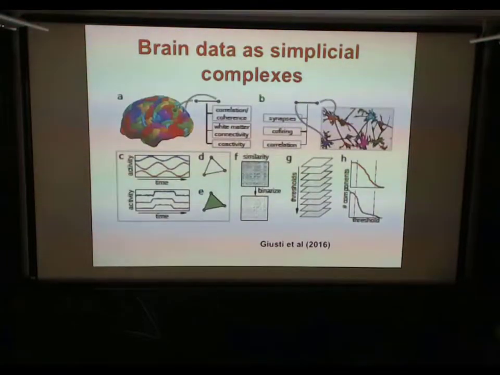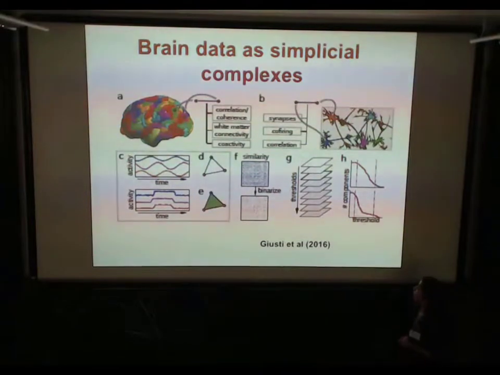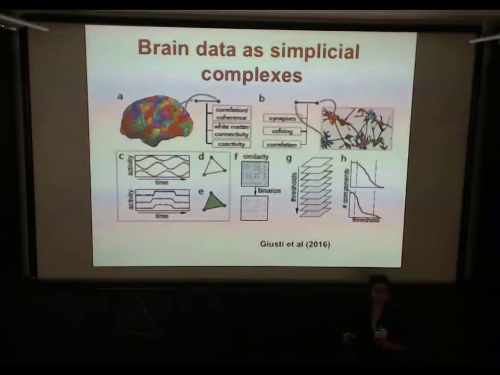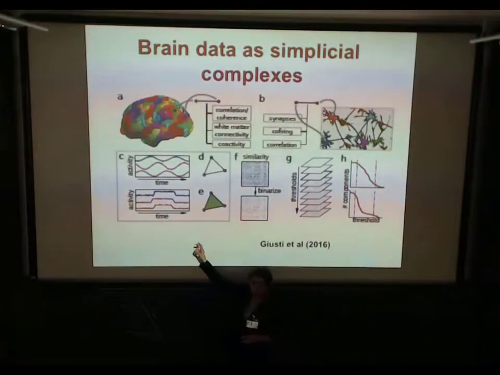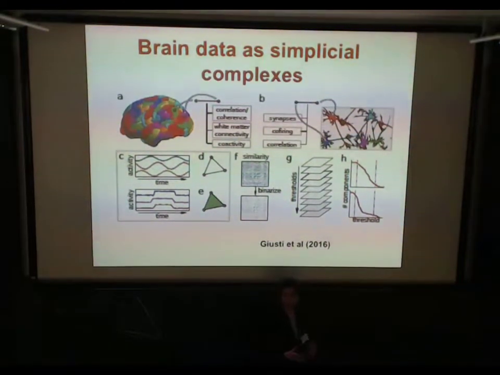And this has been the claim, for instance, of Giusti and others, in which they have this very nice paper in which they argue that in brain functional networks, there is a necessity to distinguish between 3 regions of the brain which are correlated pairwise and 3 regions of the brain that are activated at the same time. And one would be described by 3 links and the other by a simplex.